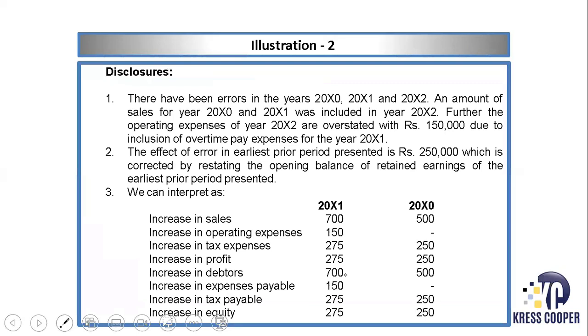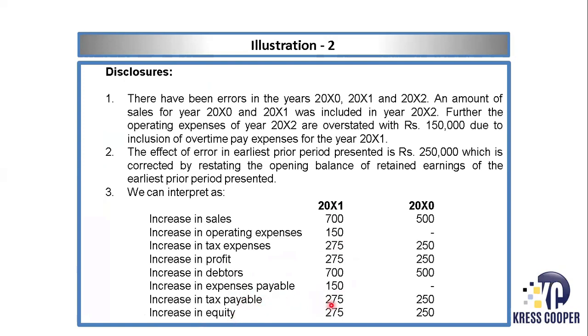figures. So the sales of X1 will be increased and operating expense of X1 will be increased. Its tax expense will be increased, profit will be increased. Its debtors will be increased because of the change in sales. An increase in expense payable will be reflected, and an increase in tax payable will be reflected.